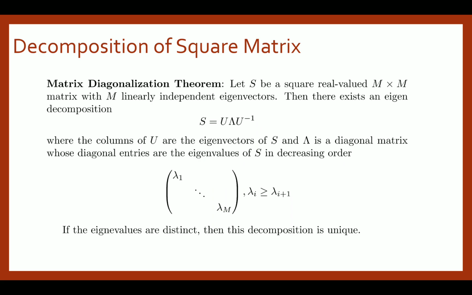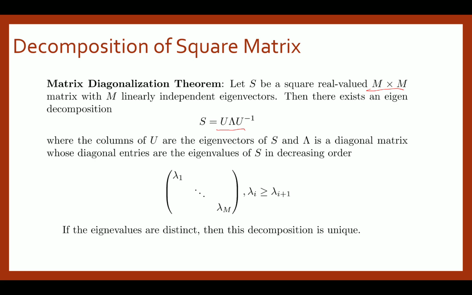Given any square matrix, we can convert it into a product of three matrices, under certain conditions. If S is a square real valued m cross m matrix, and it has m linearly independent eigenvectors, then we have an eigen decomposition.